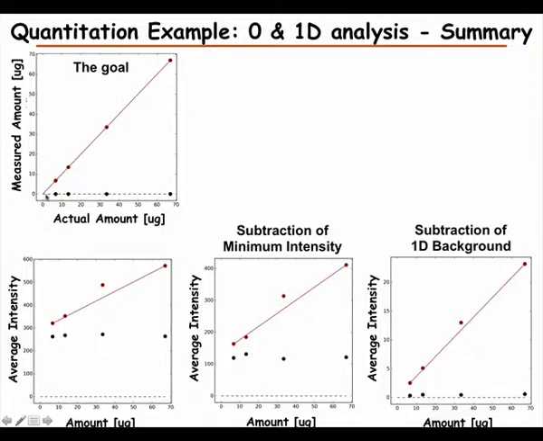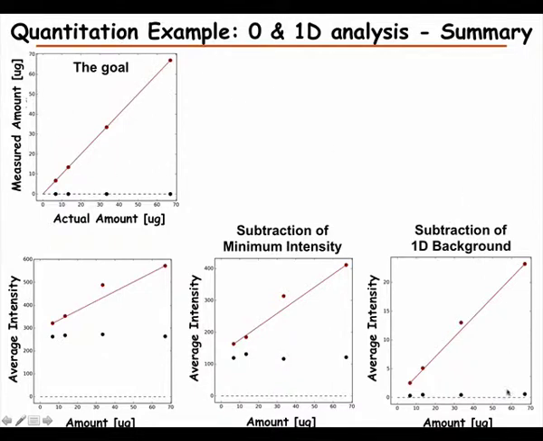And this line should cross at 0. So the first step was to take the average pixel intensity. Then we get a high background. If we subtract the minimum intensity, we get slightly smaller background. If we do one-dimensional analysis of slices and remove the background, we get very close to what we're looking for.